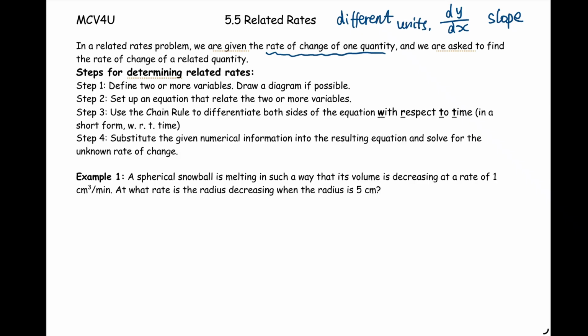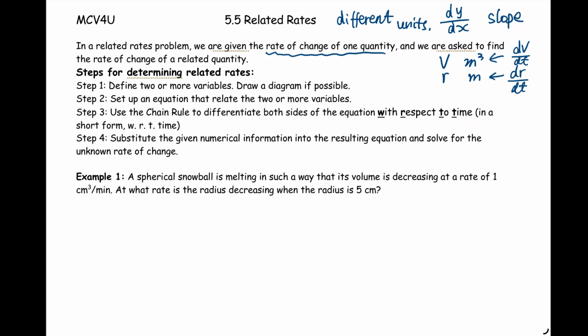So one may be the volume, so it's meters cubed, and another variable may be the radius, in meters. We know the rate of change for the radius, but we want to find the volume rate of change with time. So that is called related rates.